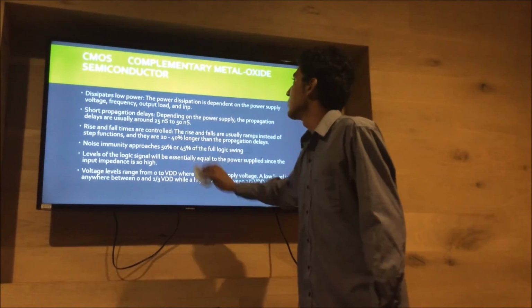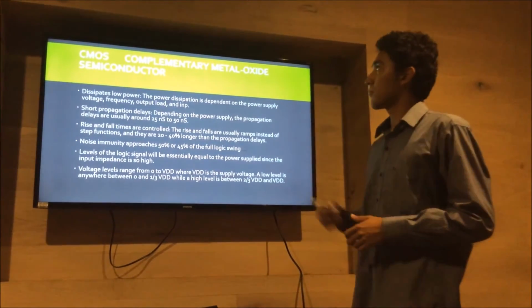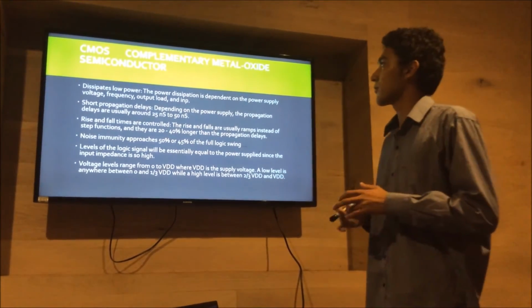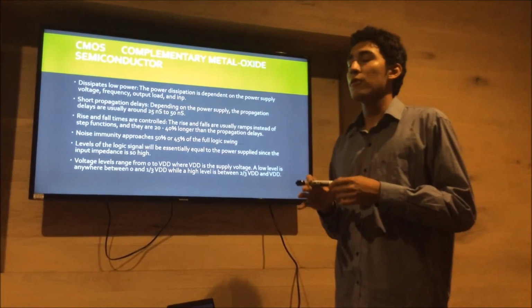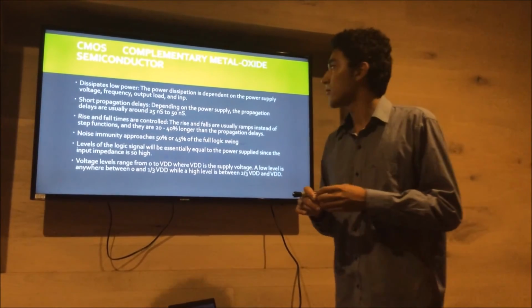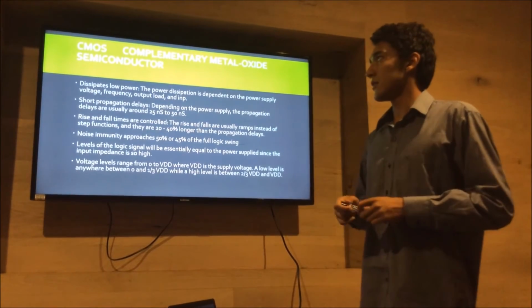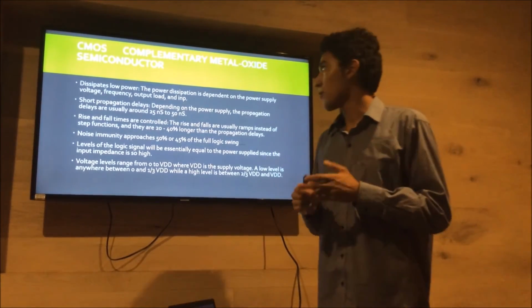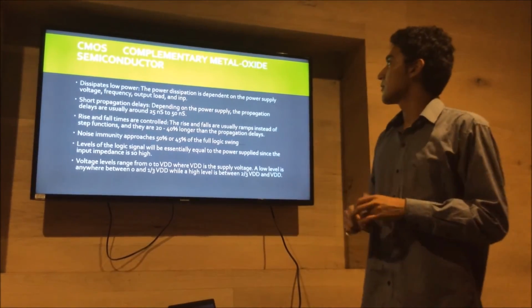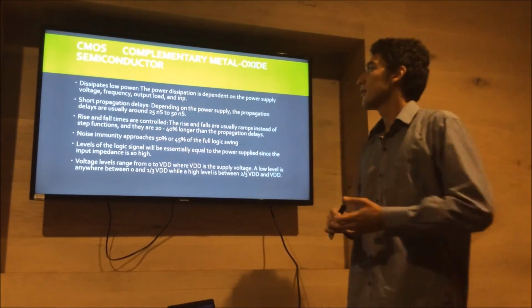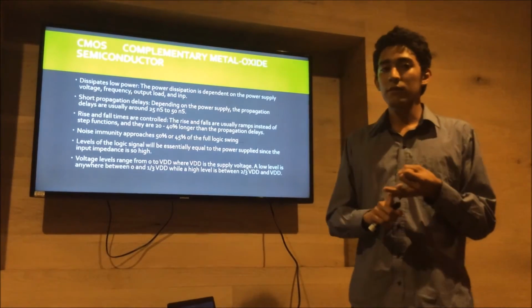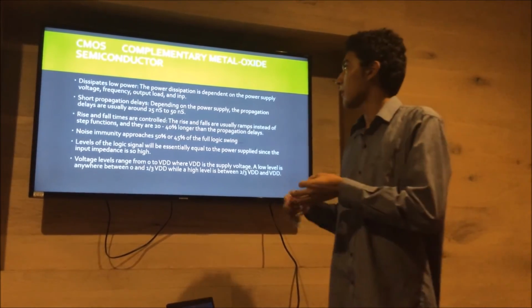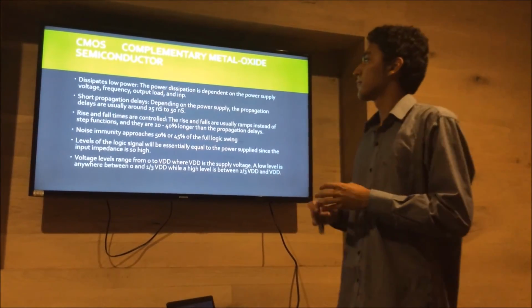CMOS, which means complementary metal oxide semiconductor, is another family, which is more sensitive, and its characteristics are: it dissipates low power. The power dissipation depends on the power supply, and is affected by voltage, frequency, the output load and the inputs.